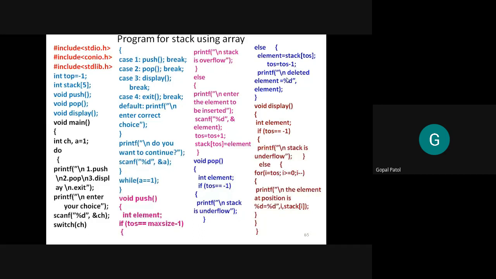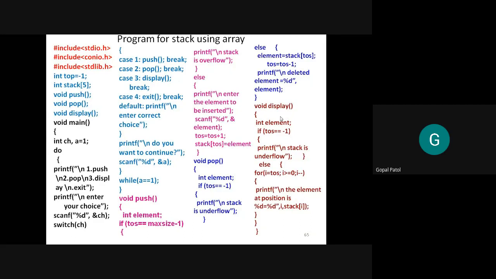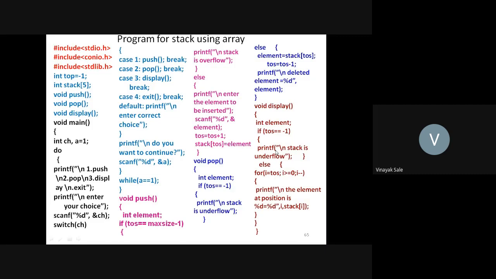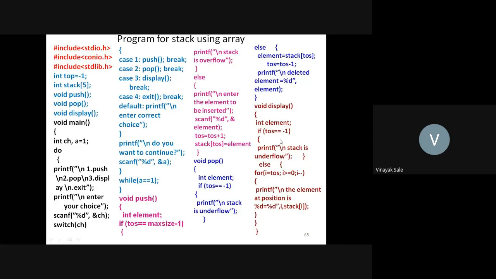Then suppose you have selected the third option, that is, display. Go to the display definition. First, you have to check whether the stack is underflow or not. If the stack is underflow, you cannot display the elements, that is, tos is equal to -1.